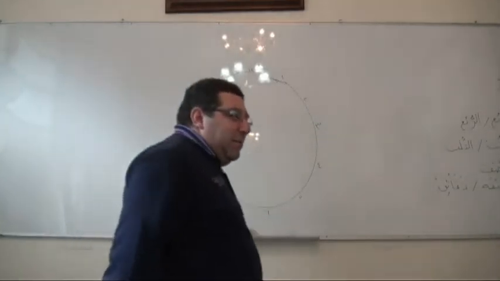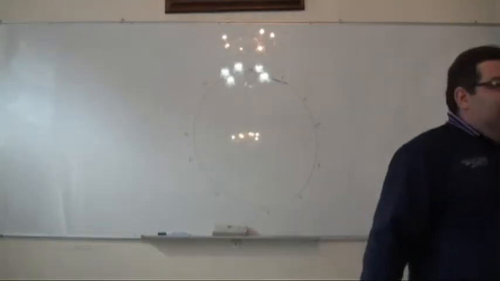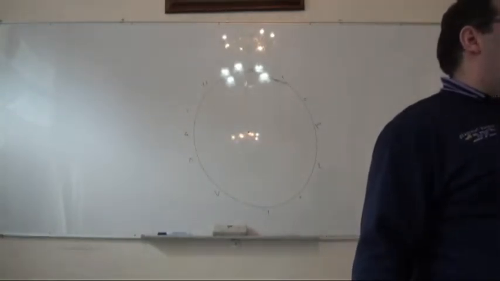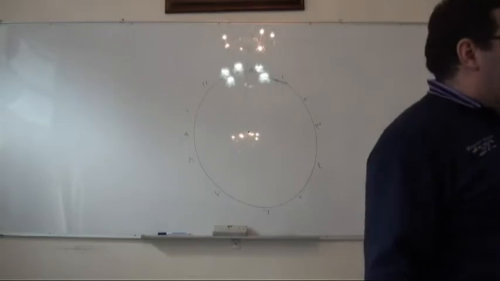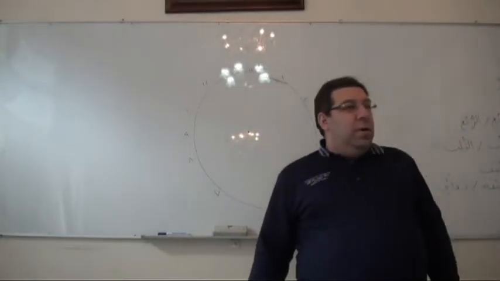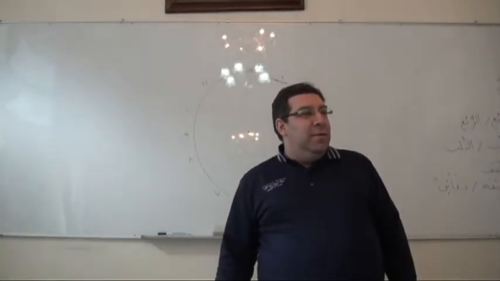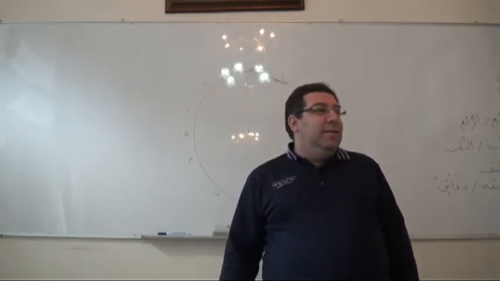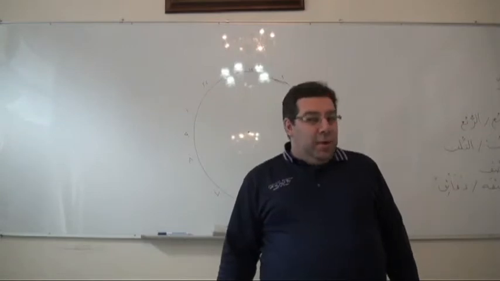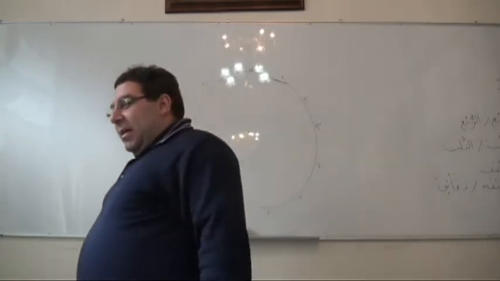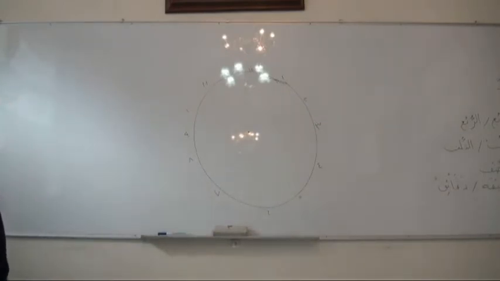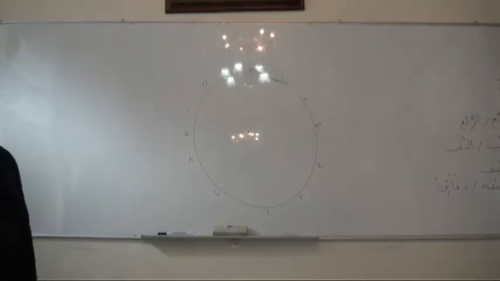So if we ask Fatima, what is 37? سبعة. 30. Okay, and Ismail, what is 59?